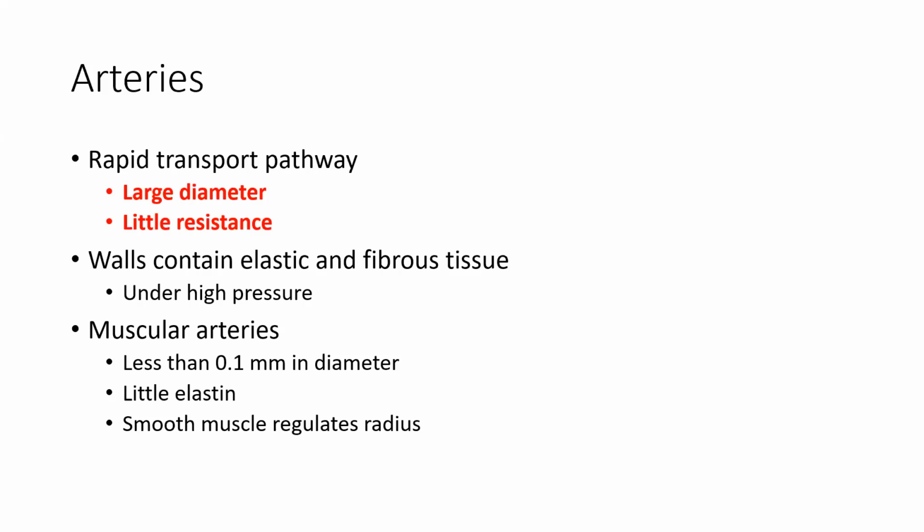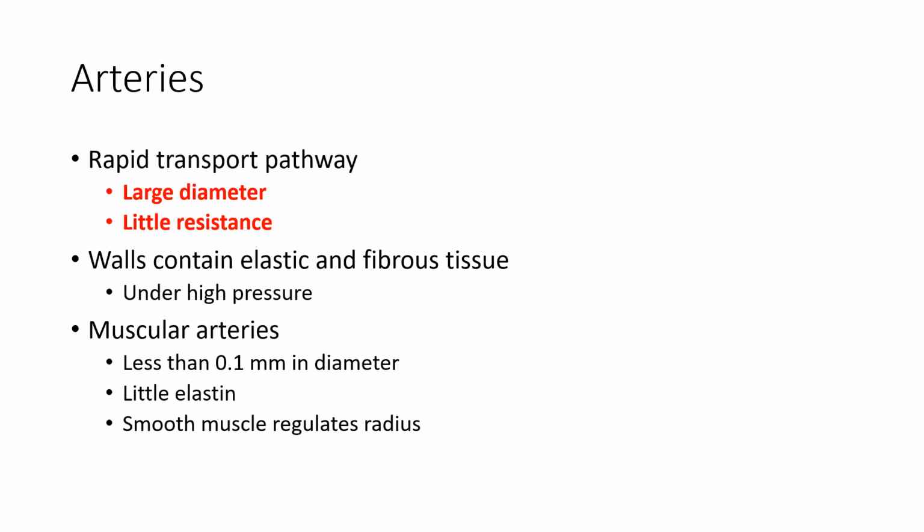And we'll talk about the next branch of the vasculature where we do see more resistance. But essentially, the arteries have very little resistance so that this blood can move throughout the remainder of the vasculature. The walls in arteries are going to be elastic and fibrous, more elasticity than we see in any other branch of the vasculature. And this is to sustain the high pressures that we see coming from the heart once again.